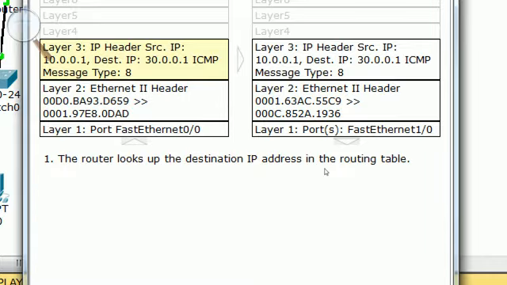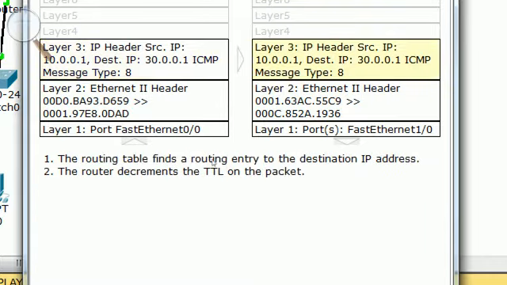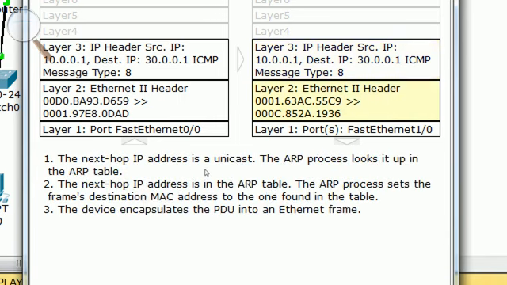Now, the routing table finds the route, the router decrements the TTL. Now, the router will try to find MAC address for next hop in the ARP table to set it in the data that we are sending. This thing is clear? Then router will send traffic out of this exit interface.